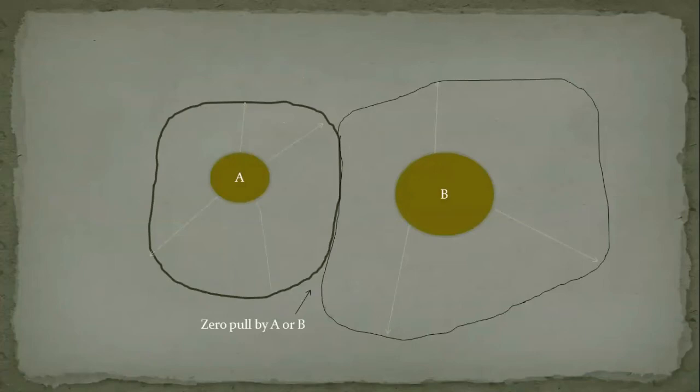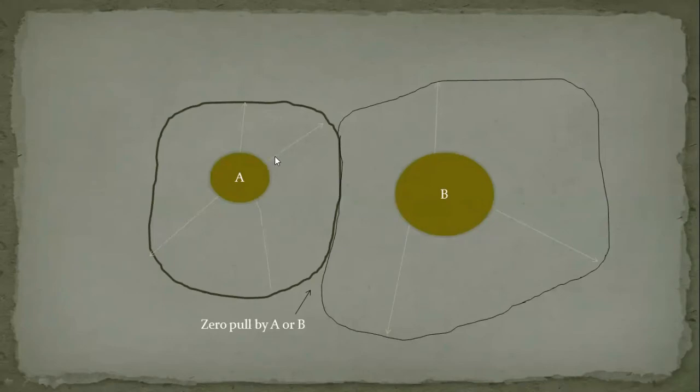I have drawn two regions, region A and region B. See over here, the mass is more for B. How it is more, I have shown you in the previous slides. Maybe for B, the employment opportunities, etc., are more. So that leads to its mass being more, so its area also becomes more.